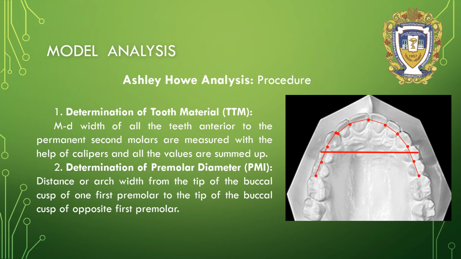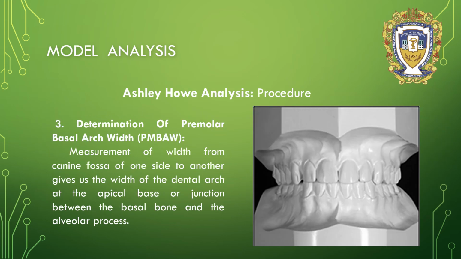Second step, determination of premolar diameter. The distance or arch width from the tip of the buccal cusp of one first premolar to the tip of the buccal cusp of the opposite first premolar. Third step, determination of premolar basal arch width, abbreviation PMB-AW.